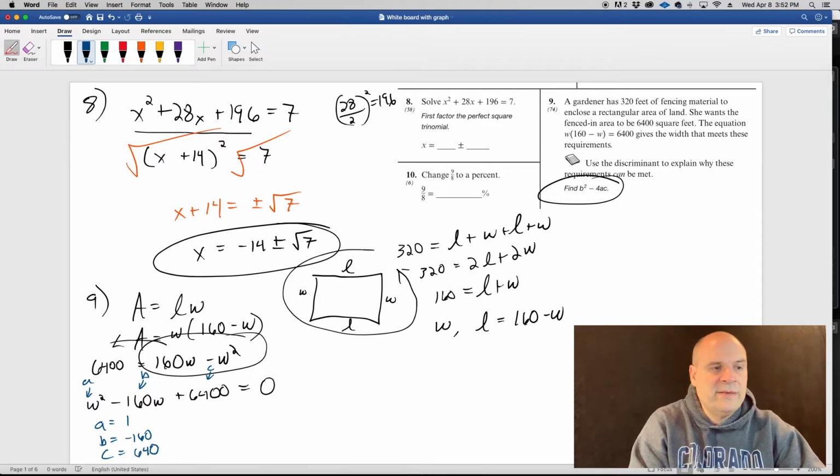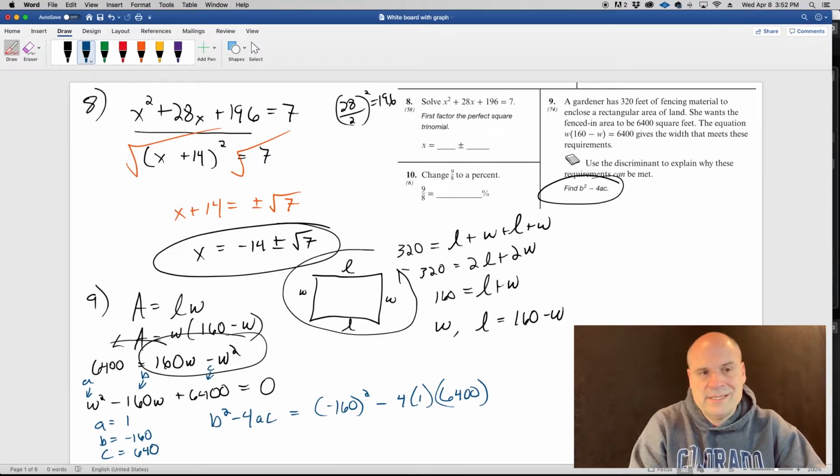So our discriminant, b squared minus 4ac, equals negative 160 squared minus 4 times 1 times 6,400. Remember, if this ends up being positive, then it's going to work. If it's negative, it's not going to work. So what's negative 160 squared?